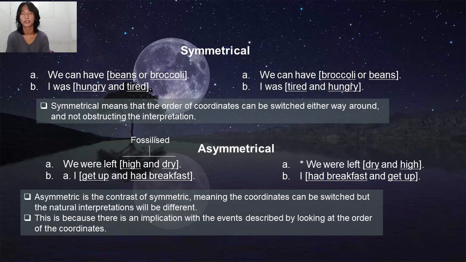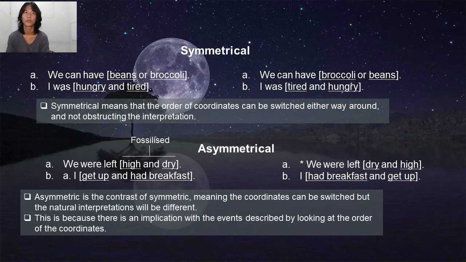This is a fossilized expression, so it is fixed and you cannot change the order of the words. If you change it, it doesn't have a meaning. Like in the example, we were left dry and high. It doesn't have any meaning, and that is why it is called a fossilized expression.